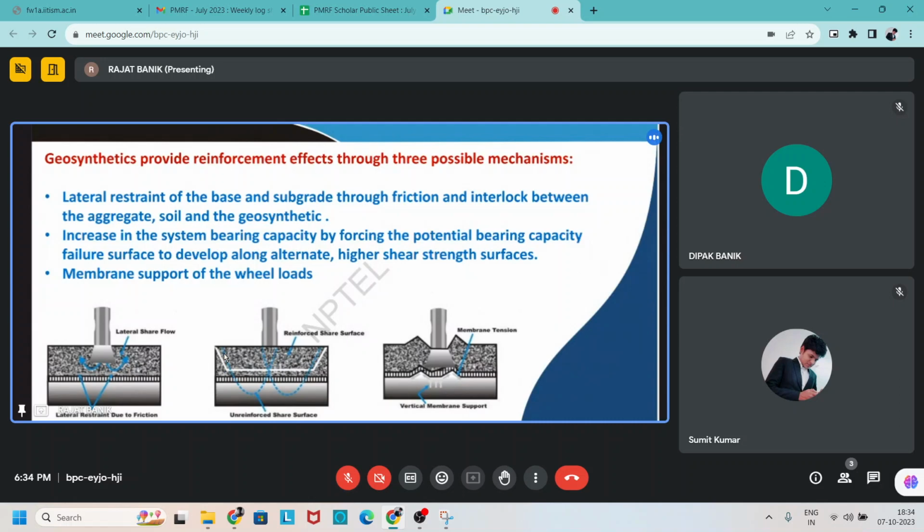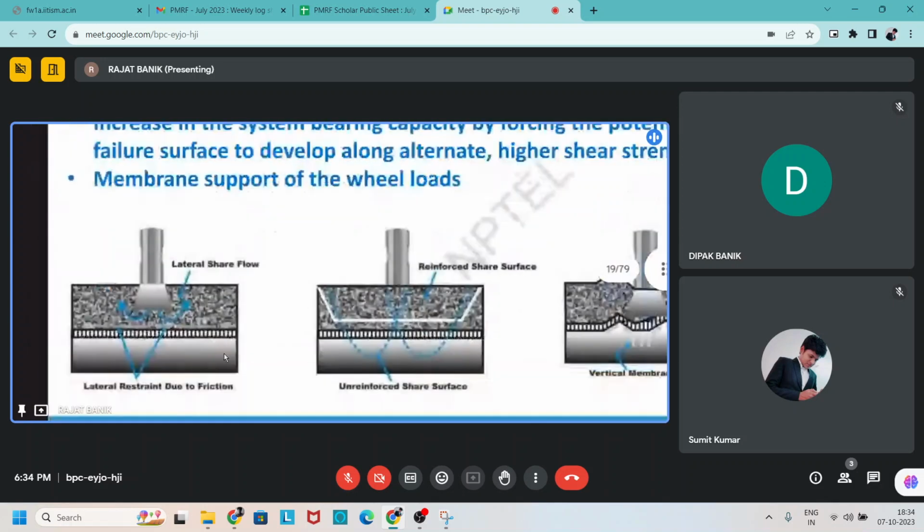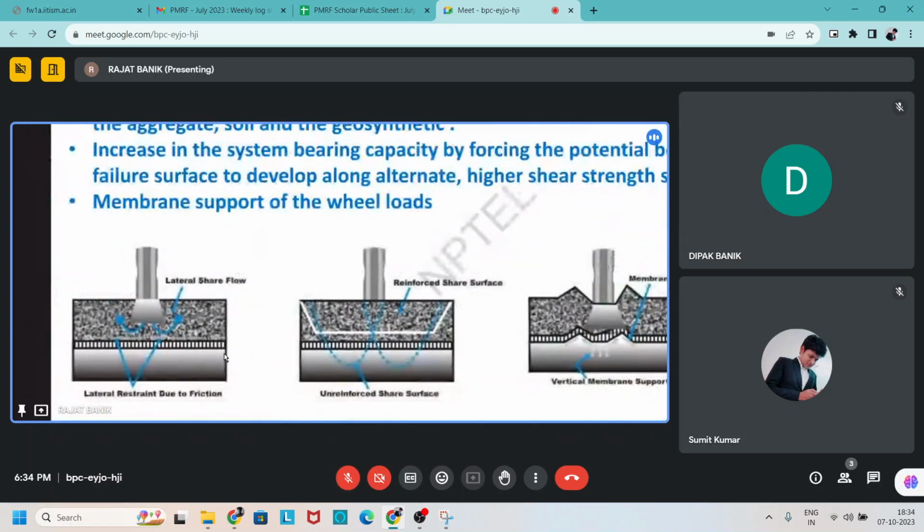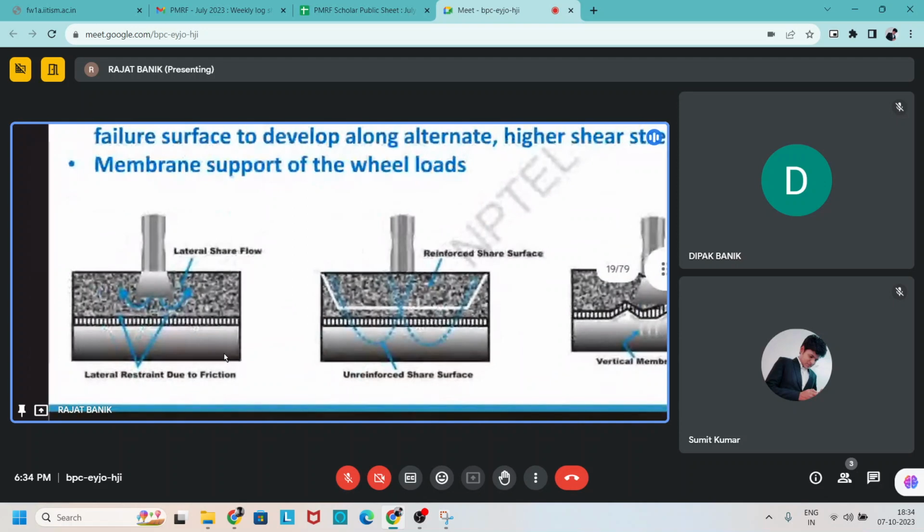Second, increase in the system bearing capacity by forcing the potential bearing capacity failure surface to develop along an alternate, higher shear strength surface. And the last one is membrane support of the wheel load. We can see in the figure the first one, lateral resistance due to friction.